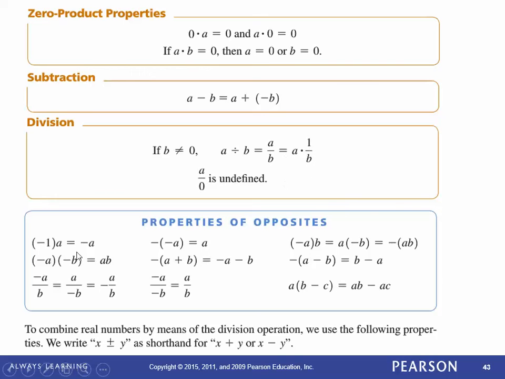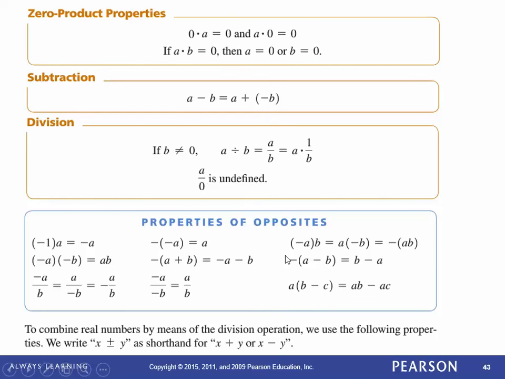And then all these properties have to do with algebra skills here, so review them if you need to. These are kind of interesting skills to sort of see that. And then the shorthand, I think you guys have seen this before in algebra. If you say x is plus or minus y, what you're really meaning are two different answers. You want the sum answer, and then you also want the subtraction answer.